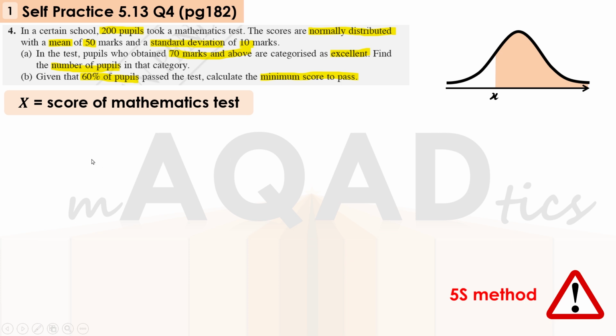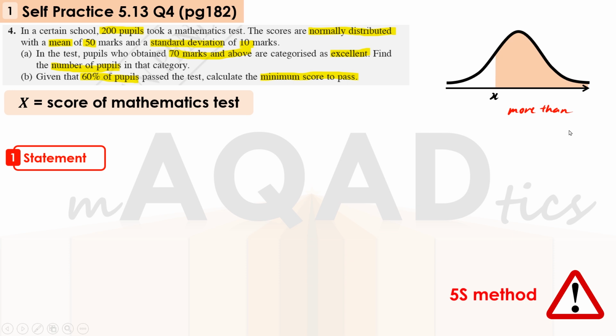For our first S, which is the statement, we can write out the probability statement from this graph. There are two things we need to note. The first thing is, the scores inside the shaded area, all of these values must be more than x. And the second thing is, the sketched part is 60%.